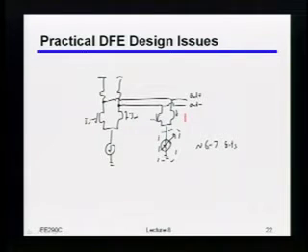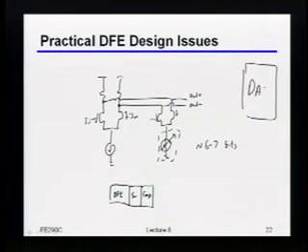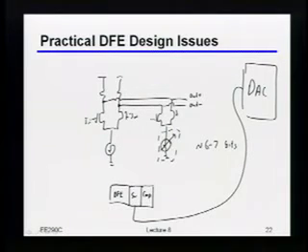So if you actually look at the layout of these things, what they tend to look like is something like the following. You may have your DFE, let's say the input pair, maybe those are your switches, maybe this is your comparator somewhere, and then your DAC will probably be somewhere over here on the side of the chip, because you don't want it in the way of all of your high-speed, nice, clean stuff, and then you're going to have to route that wire over into here. And again, it's not that fundamentally the DAC has to be off on the side over there.